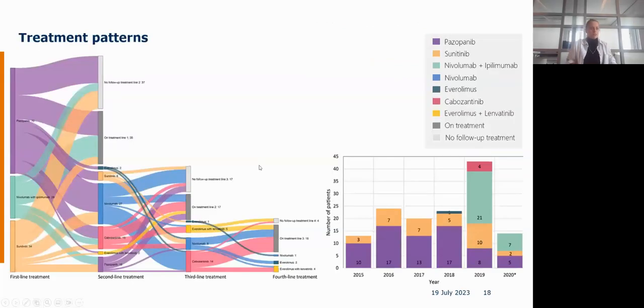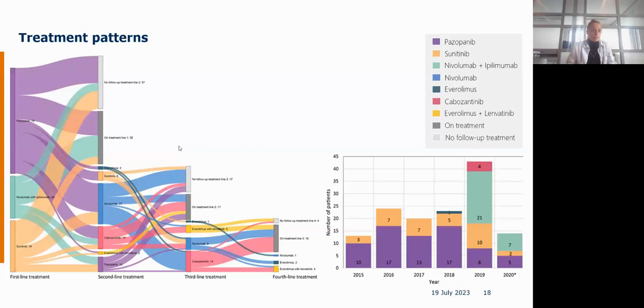And we found the following. I always call this a bit of a spaghetti, but with the data, we could show there are a lot of treatments given in first line, there's 3, but then you see in continuing around 60 to 70% goes to a second line, and same for third line, and some were still on treatment.